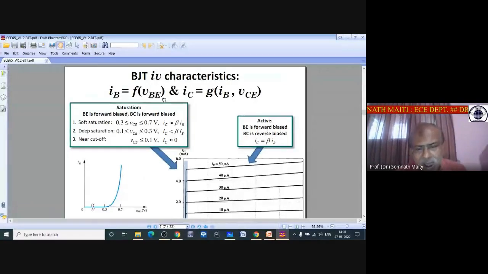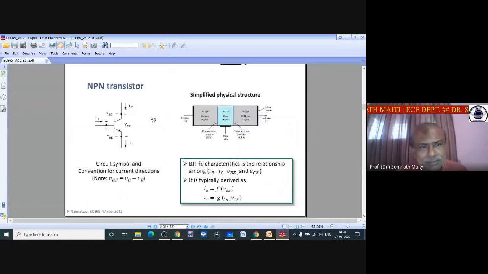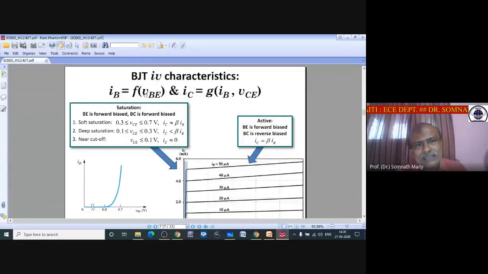Looking at the input side, base current is a function of base to emitter voltage, and collector current is a function of this. This function will give you characteristics known as input characteristics, and this will give you another characteristics known as output characteristics.